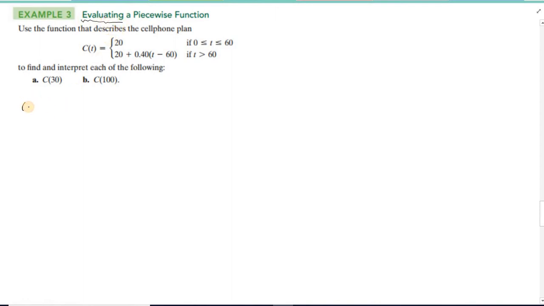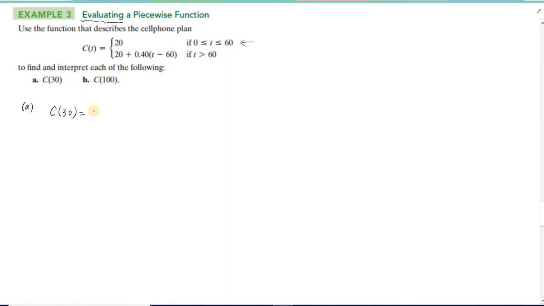For part A, we have C of 30. We're going to evaluate this. In this case, we're going to see whether 30 satisfies the first domain condition or the second. If you look at t, t is 30. That satisfies the first case, correct? Because 30 is between 0 and 60.